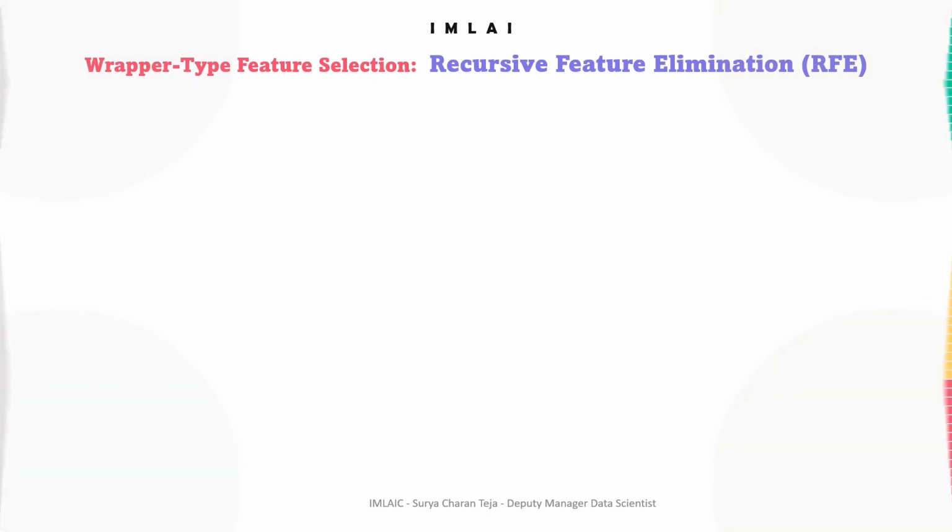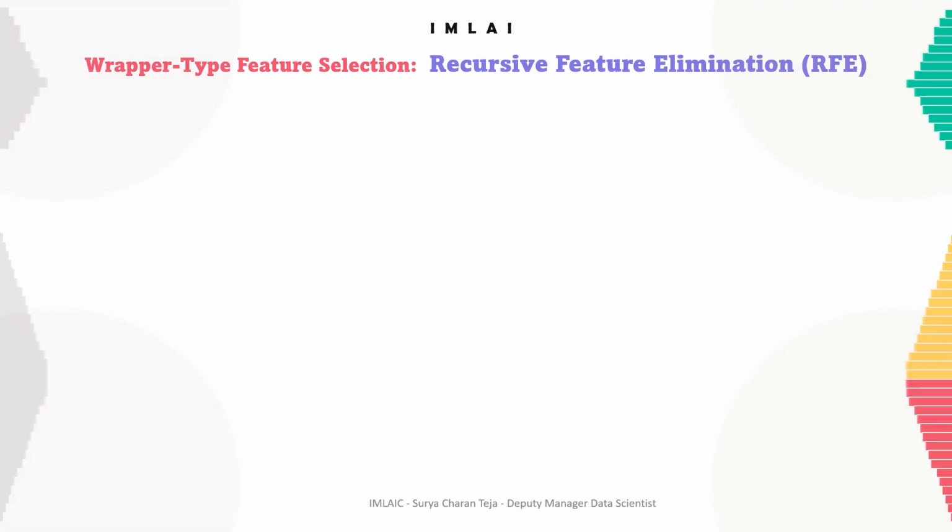So wrapper type algorithms perform a more exhaustive search of the feature space but can be computationally expensive. Examples of wrapper type feature selection algorithms include recursive feature elimination, forward selection, and backward elimination.